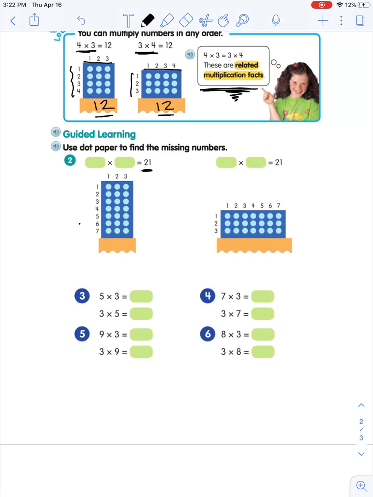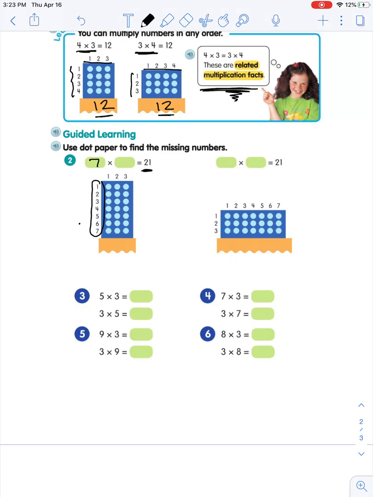So it's giving us our total. If it's giving us our total, I'm going to look at these images and see, first, I want to know how many rows there are. There are 7 rows.